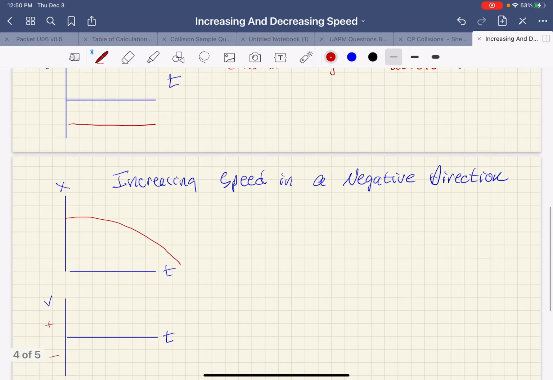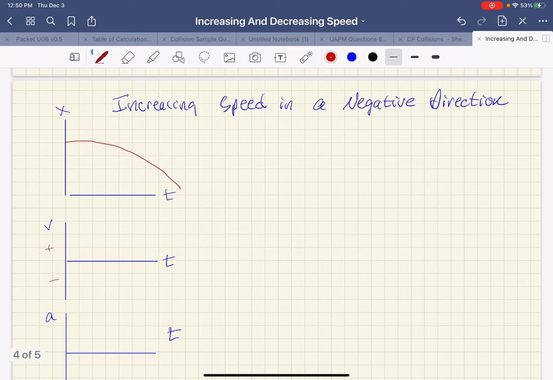All right, going on to the next one. Increasing speed in a negative direction. I can look at this slope, and the slope of this line is increasing and negative. This tells me I will have an increasing negative velocity.